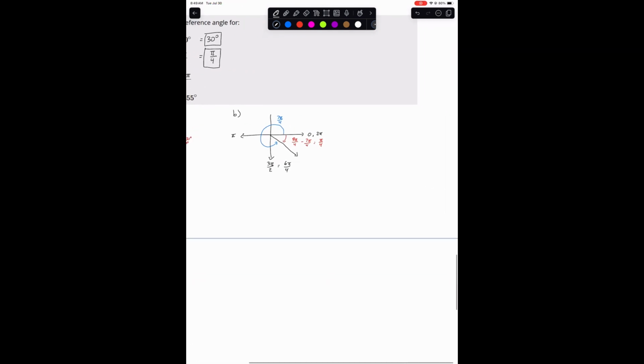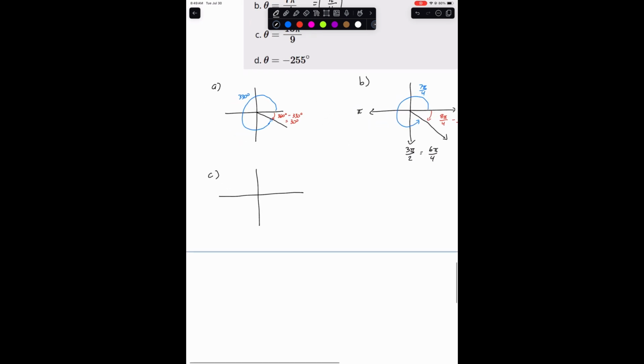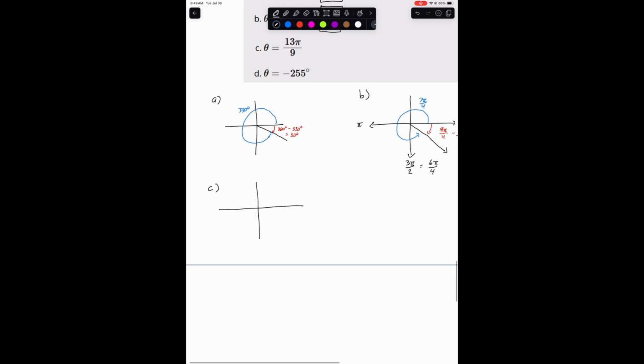Now for C, I'll draw it right here. For C, I notice theta is more than 9 pi over 9. So for our angle, I'm just going to assume it's somewhere, let's say like right here.